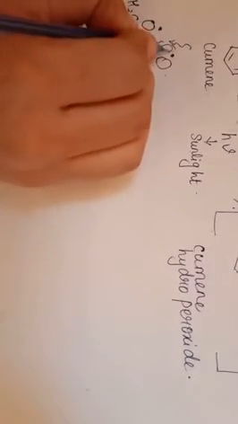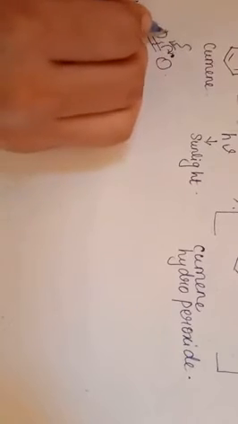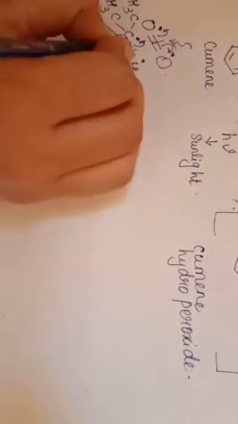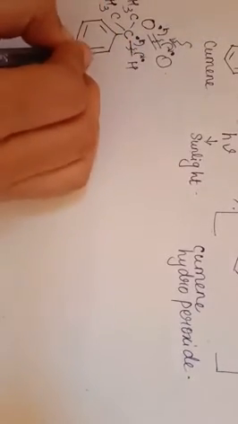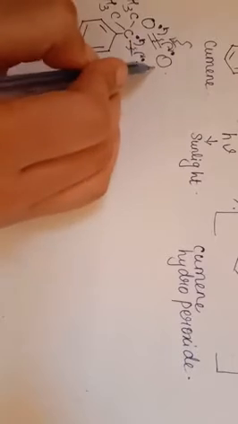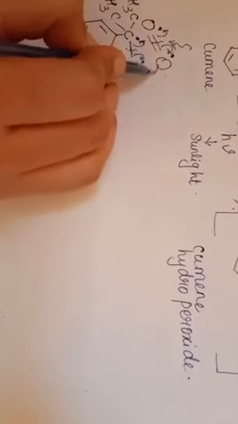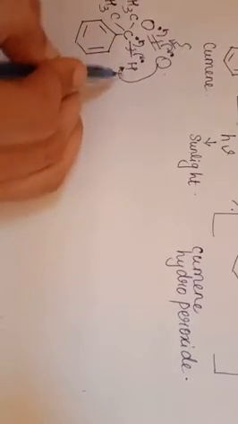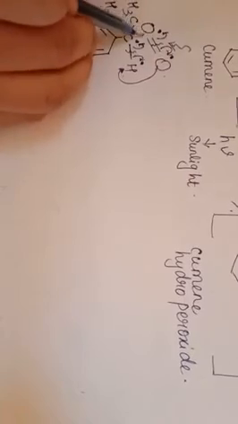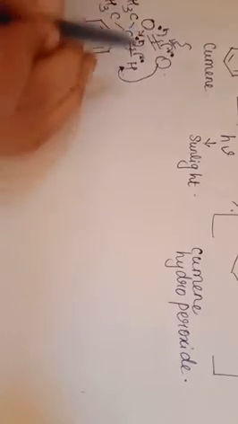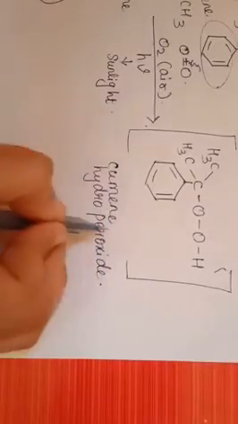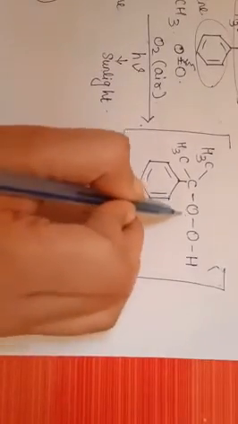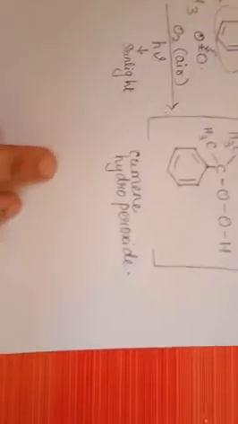So these electrons have shifted here homolytically. So this is homolytic cleavage. So here free radical mechanism is followed. This oxygen will join with this radical and this oxygen will join with this radical, and you will get here this cumene hydroperoxide, and this is our peroxide bond.